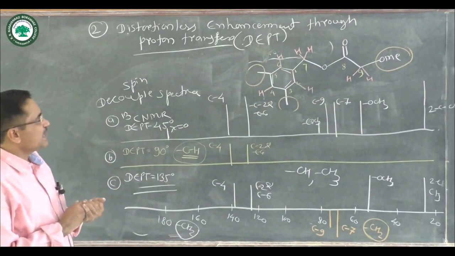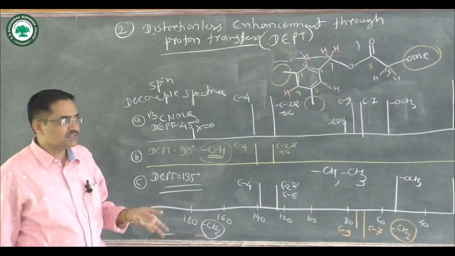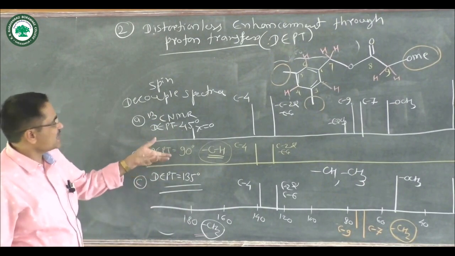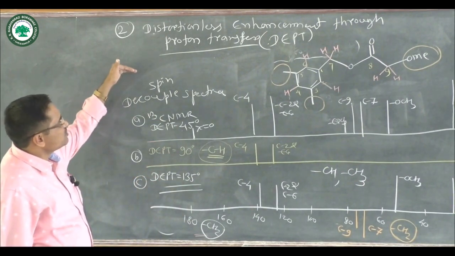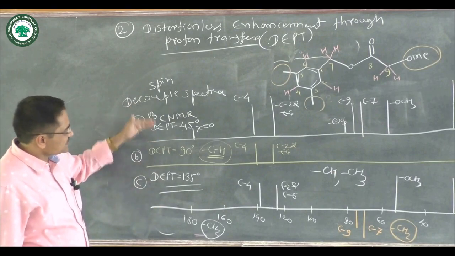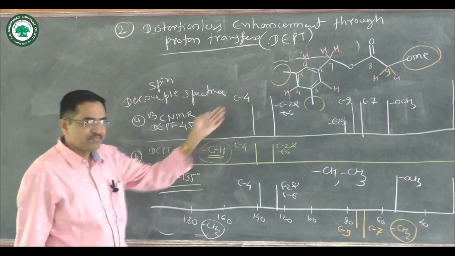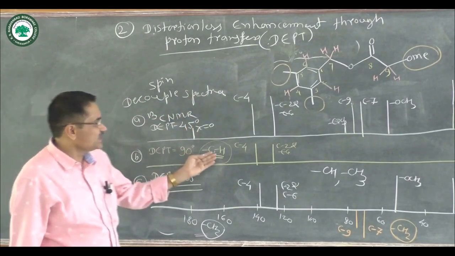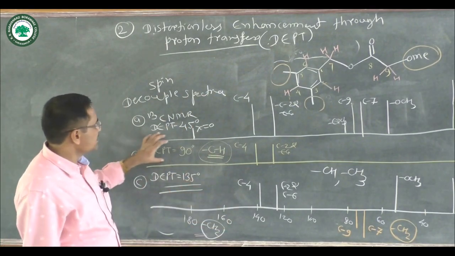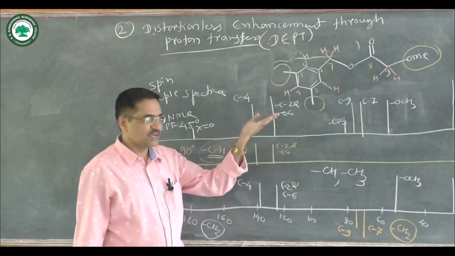So this is one of the best methods for the simplification of 13C NMR: APT and DEPT. But DEPT is a more developed method as compared to APT, and we summarize lastly. In DEPT, three spectra are obtained. The first is the normal spin decoupled spectra, the second is DEPT 90, and the third is DEPT 135. In DEPT 90, only CH is observed on the upward side.